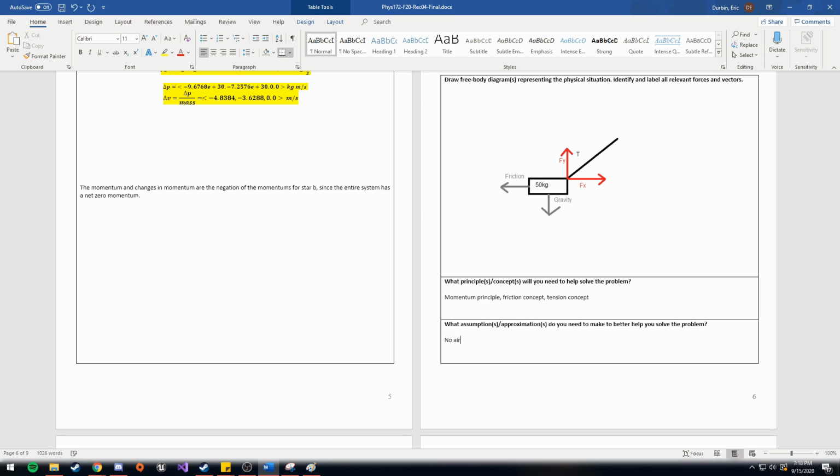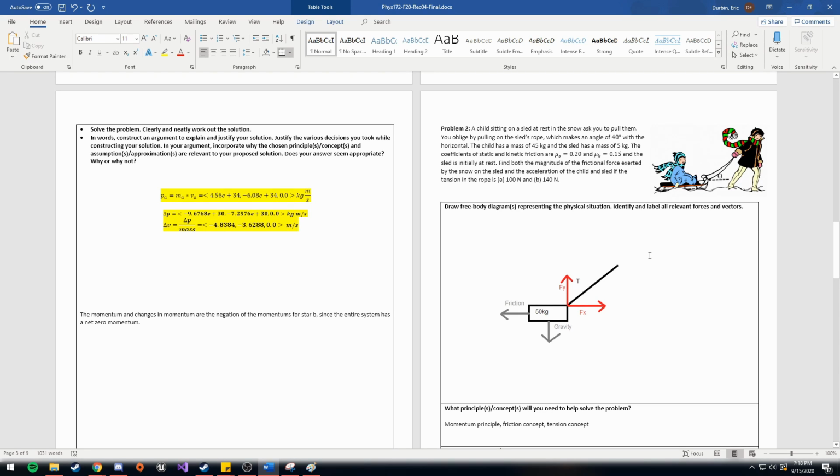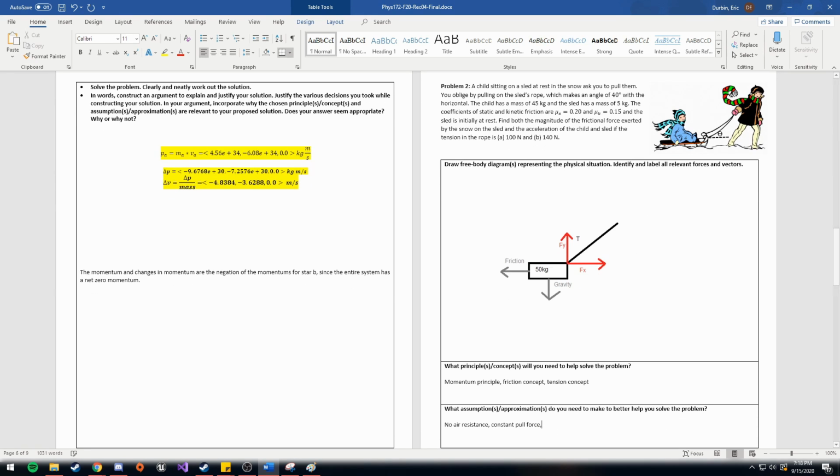Assumptions and approximations: no air resistance, constant pull force, and also constant friction.